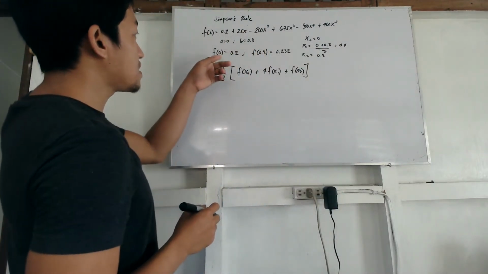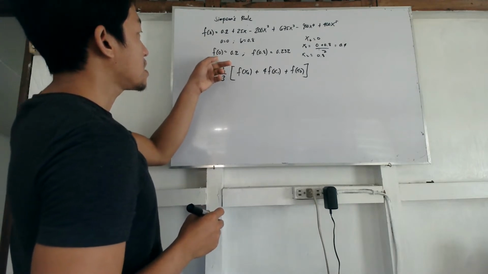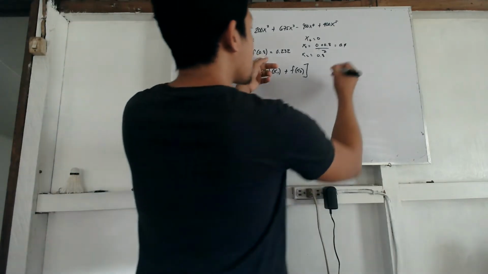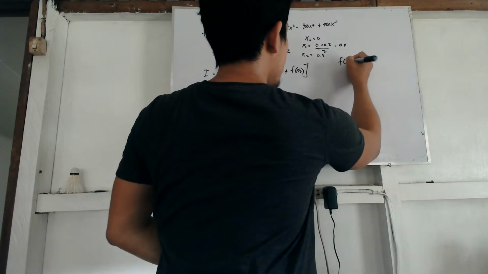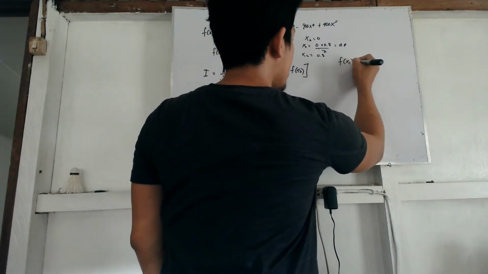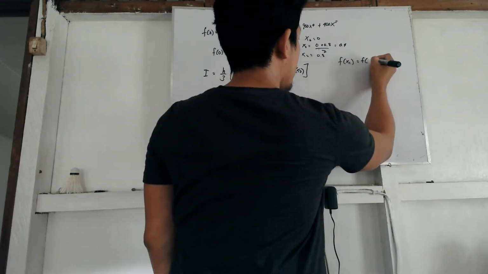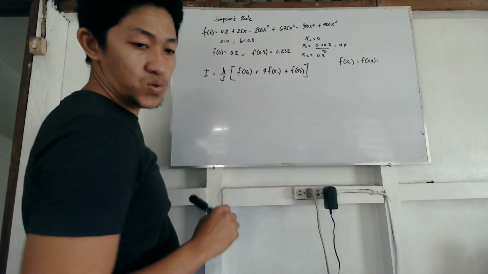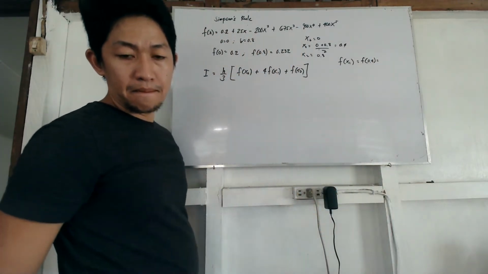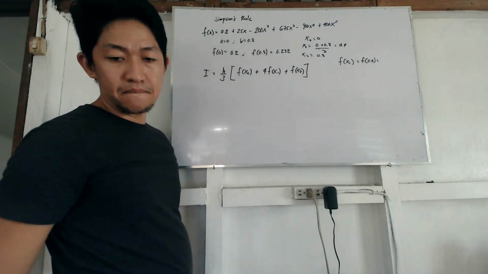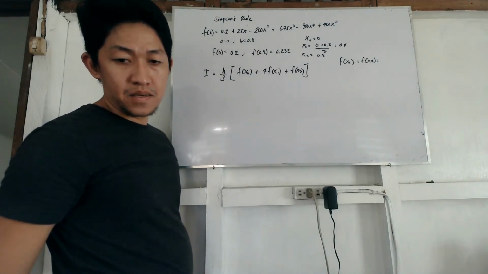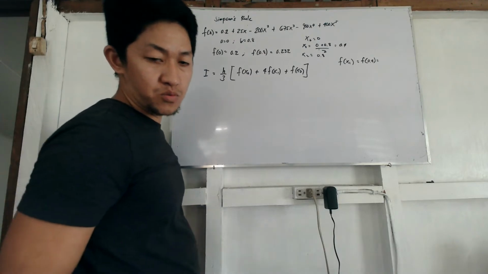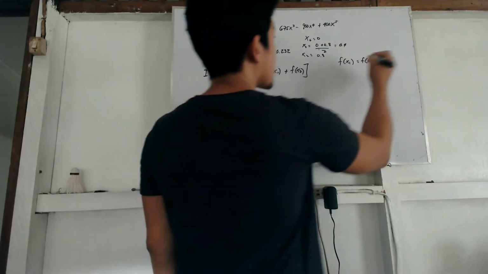We now have the values of f of x sub 0, f of x sub 2, and f of x sub 1, which is f of 0.4, equal to 2.456.